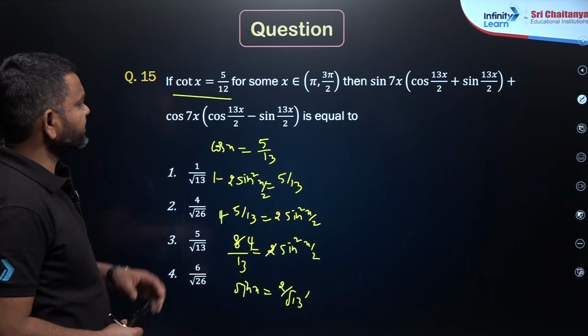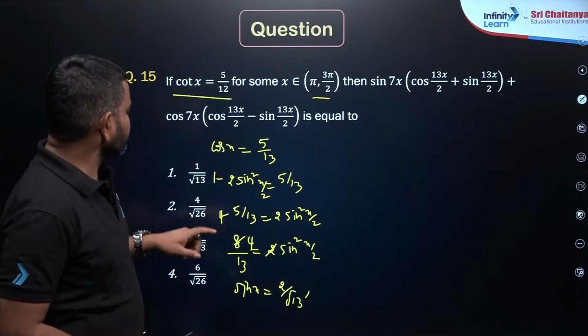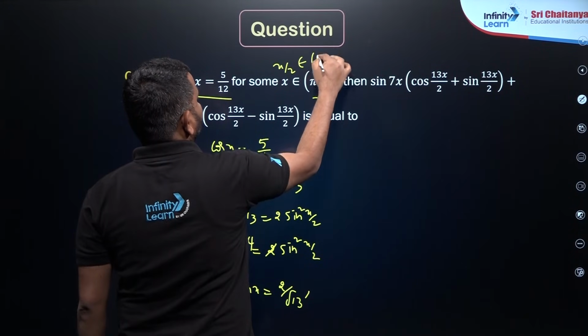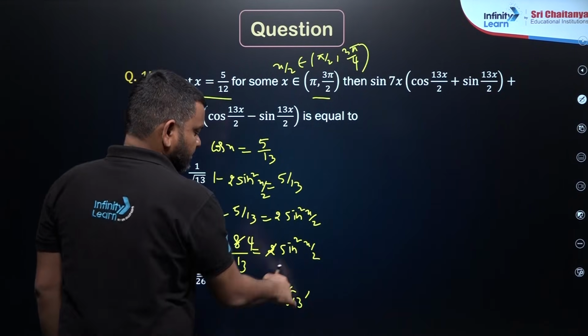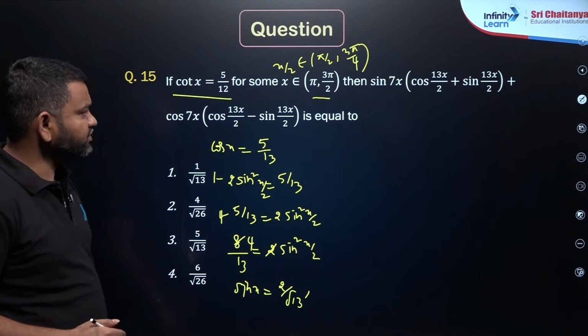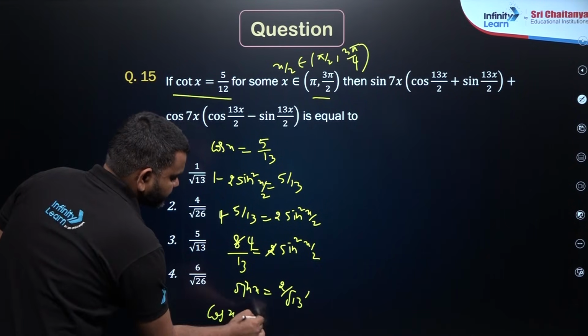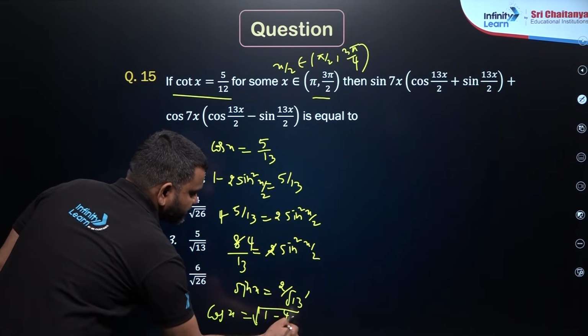So if the value of sin x by 2 is 2 by under root 13, and x is in between pi and 3 pi by 2, so x by 2 belongs to pi by 2 to 3 pi by 4, right? So here sine value is positive, plus or minus we will get, but the plus value is what you need. So sin x by 2 is this one, then cos x by 2 is going to be under root of 1 minus 4 by 13.